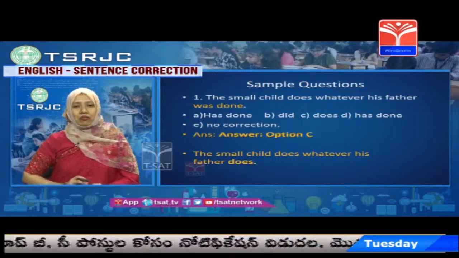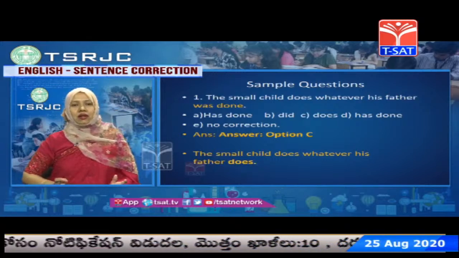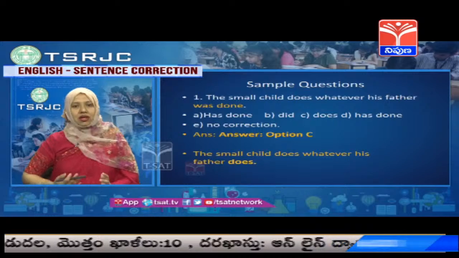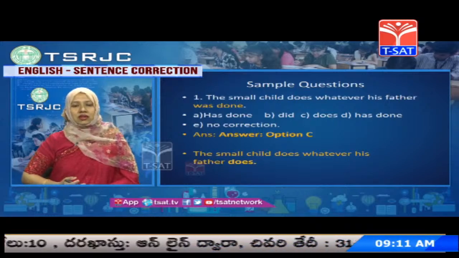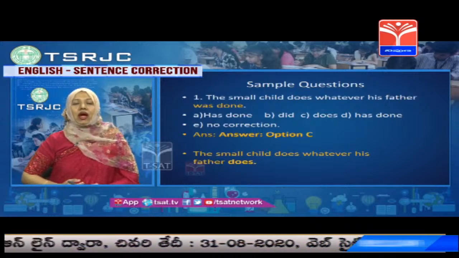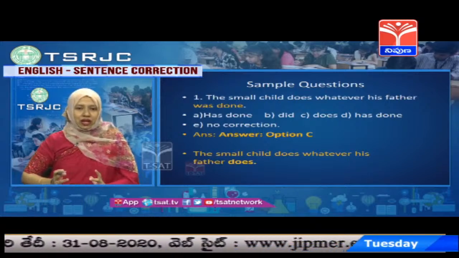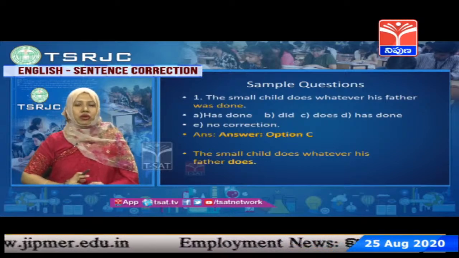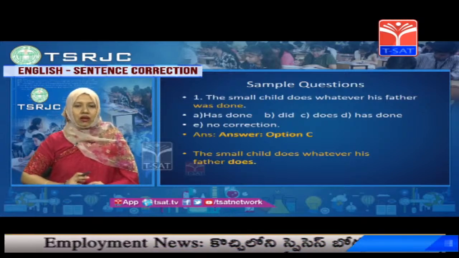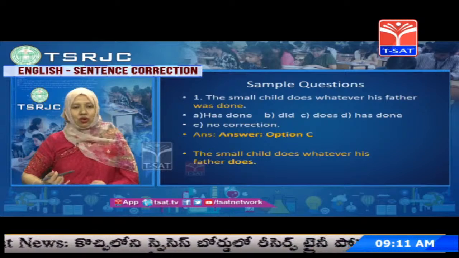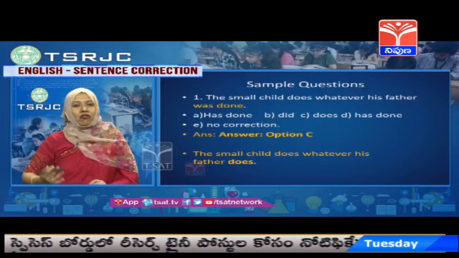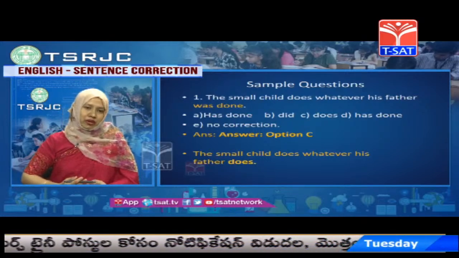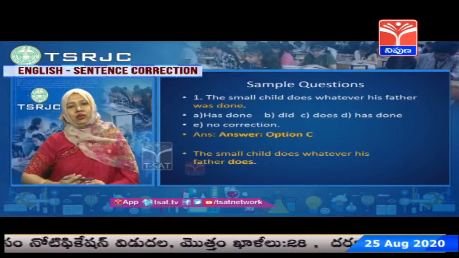Let us look at some sample questions. You may get 2-3 questions from this area, sentence correction, and it will be very difficult or confusing for you to select the best option from out of 4. With this kind of sample questions, I hope you can understand better. Following the rules we have learned in the previous episode, let us try to solve this.